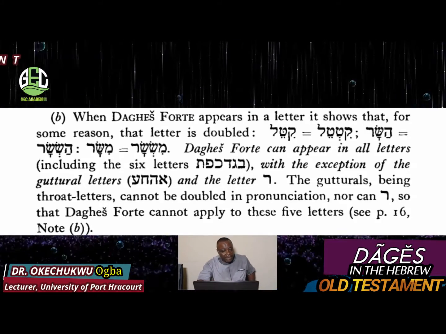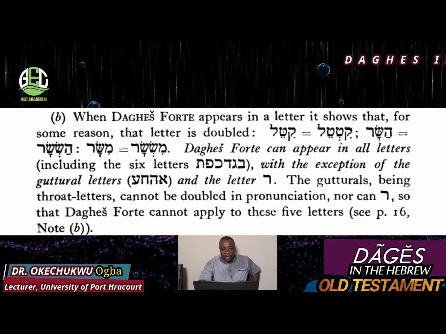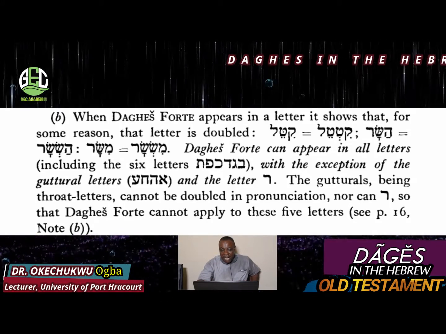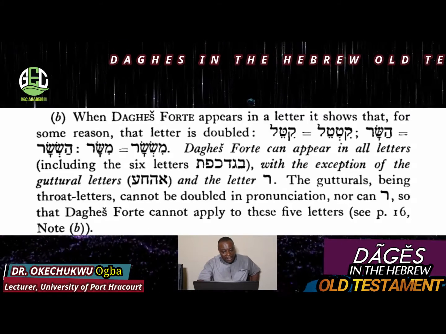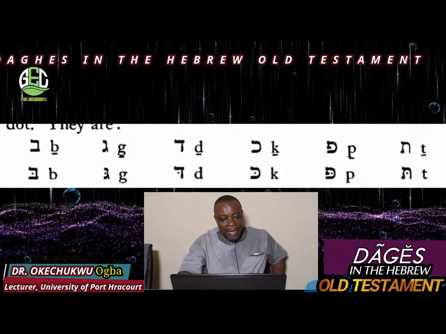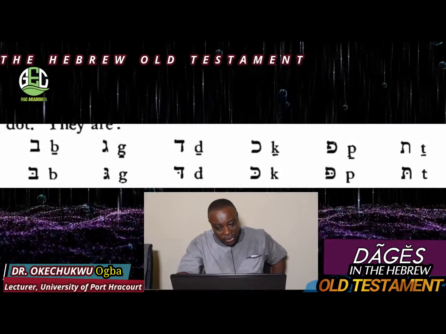But we see dagesh forte in all letters of the alphabet, excepting the gutturals, which we have explained: Aleph, Het, Ayin, and Resh.